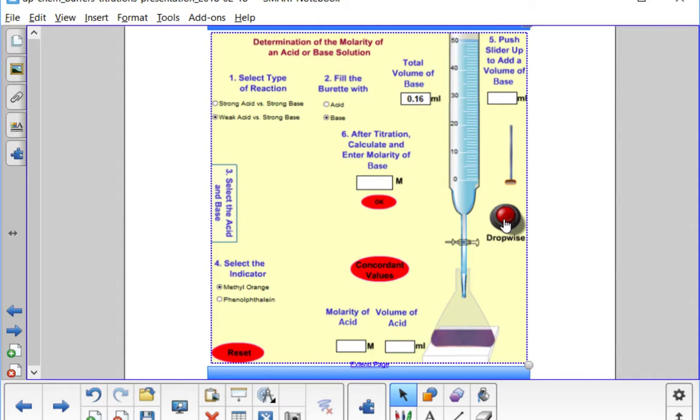And then, of course, you're measuring the volume here. So you can use that to help you figure out the concentration of the unknown.